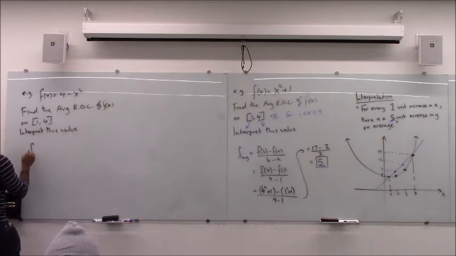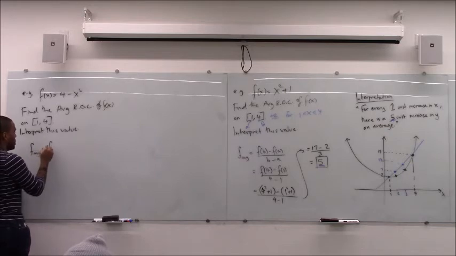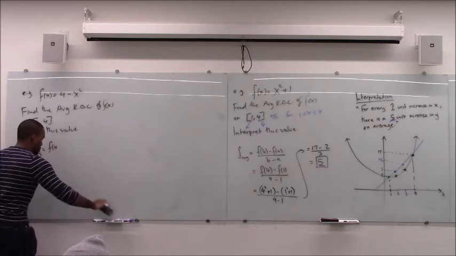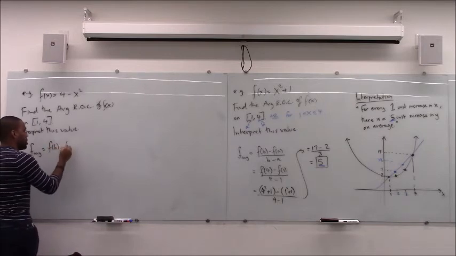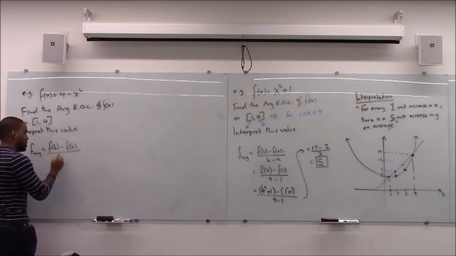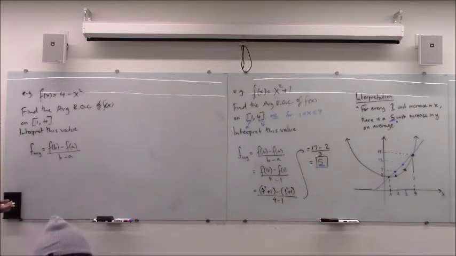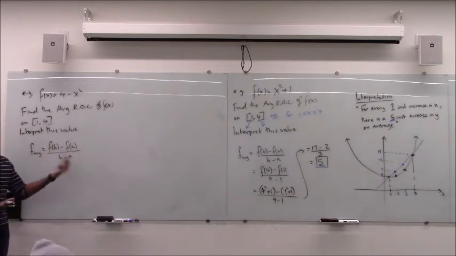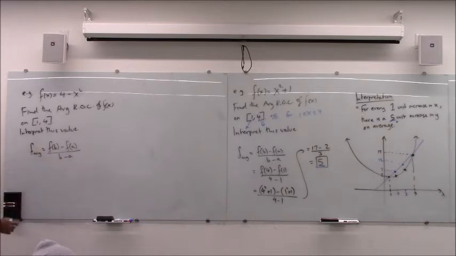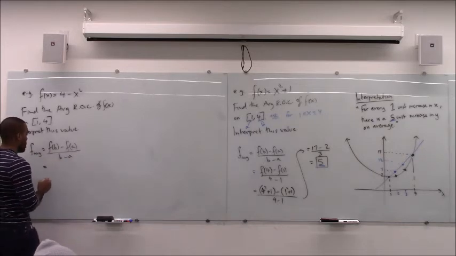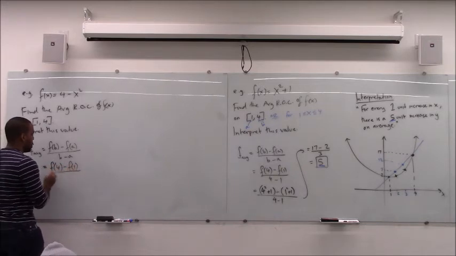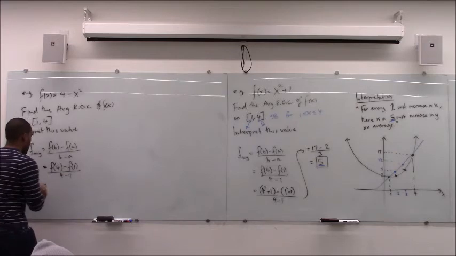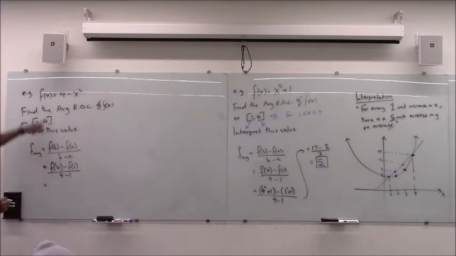So, you're going to do your same thing. Let me write out the formula. The average rate of change formula is a formula I do expect you to memorize. You should know it. If there's anything you want to memorize, you write it down as often as possible, and eventually you'll remember it. So, I write down the general formula first, then I move on to plugging stuff in. So my b here is 4, my a is 1. In this case, I plug in 4 into here.